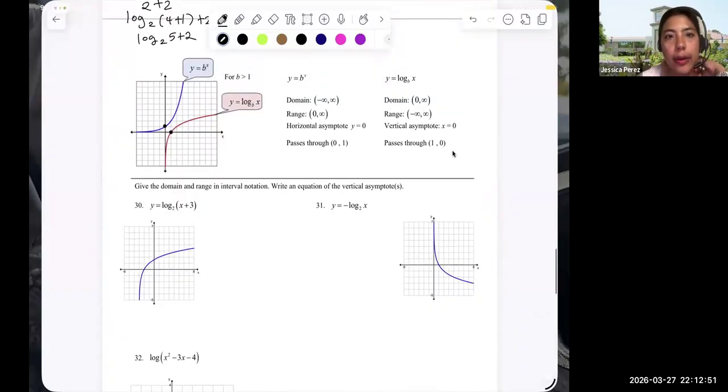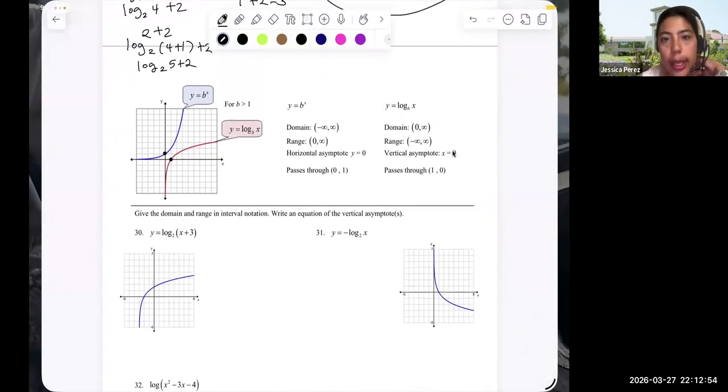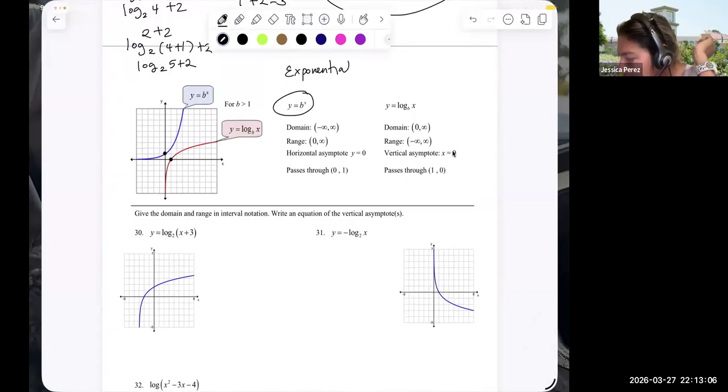Alrighty, let's talk about the domain and range in interval notation and what types of asymptotes logarithmic functions have. So this first part is exponentials. For an exponential function y equals b to the x, the domain is all real numbers. The range is 0 to infinity.